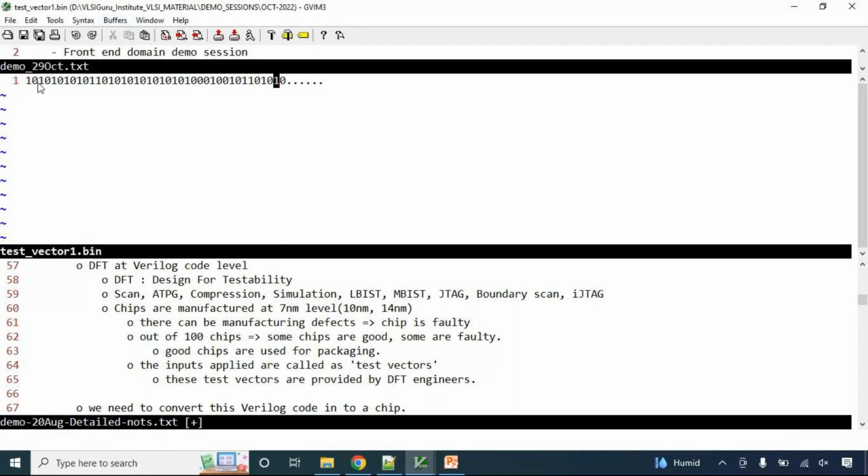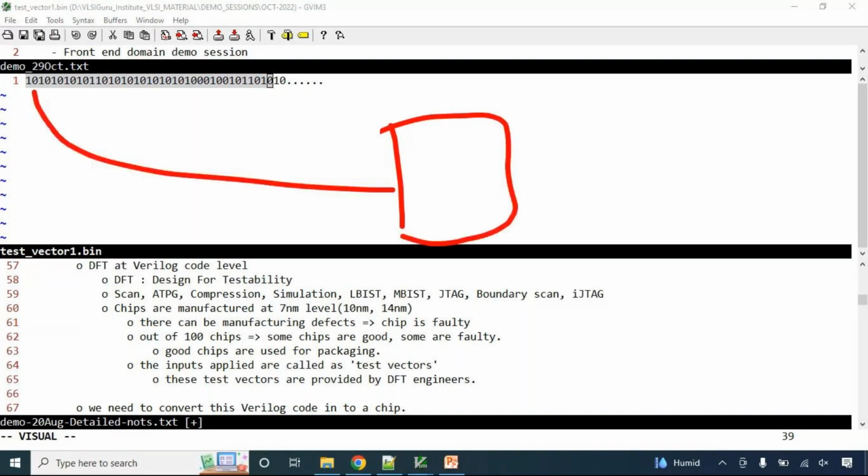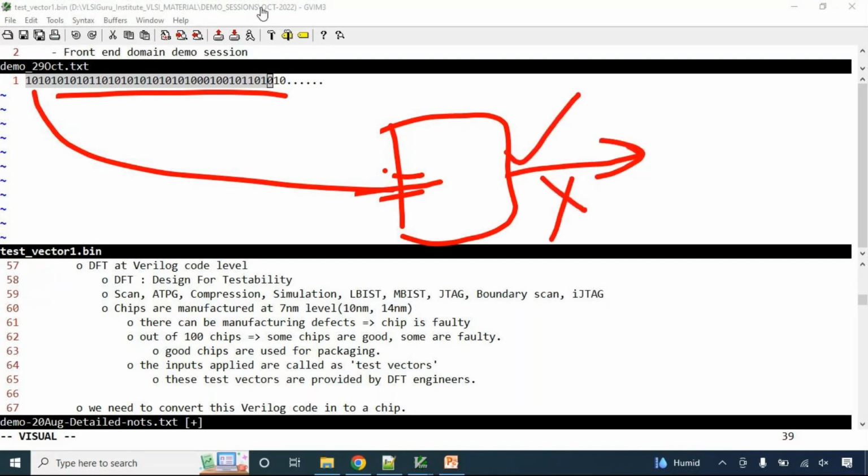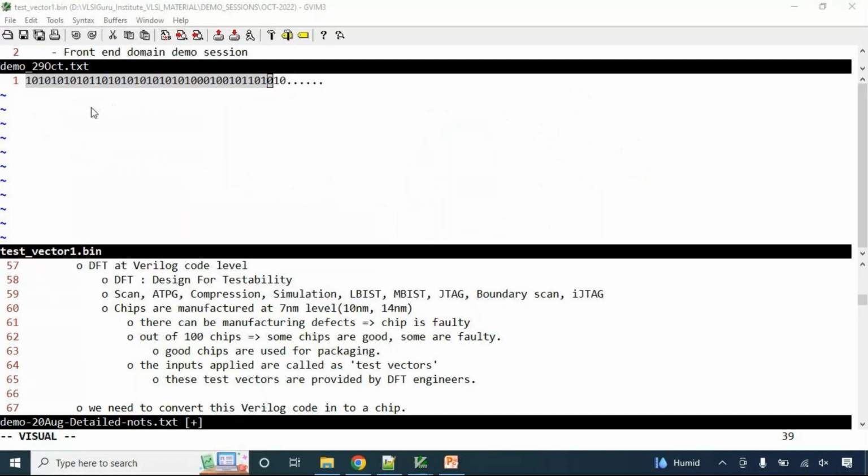These test vectors are driven into my design. So they will be driving 1010, whatever values are there. The output will tell whether the chip is good or faulty. Now, how does the DFT engineer come up with these test vectors? The DFT engineer uses DFT techniques.